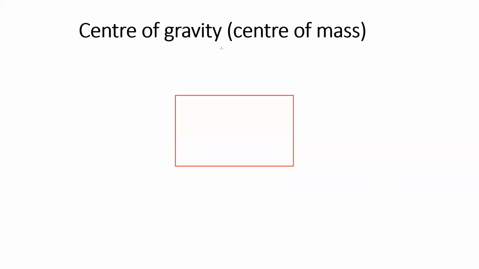When I say there are particles 1 2 3 4, 1 2 3 4, the particles are evenly distributed. So the center of the mass will be in the center of the object when the particles are evenly distributed.